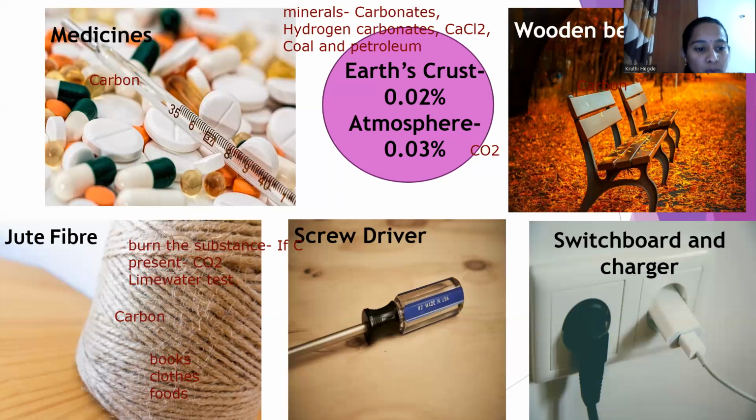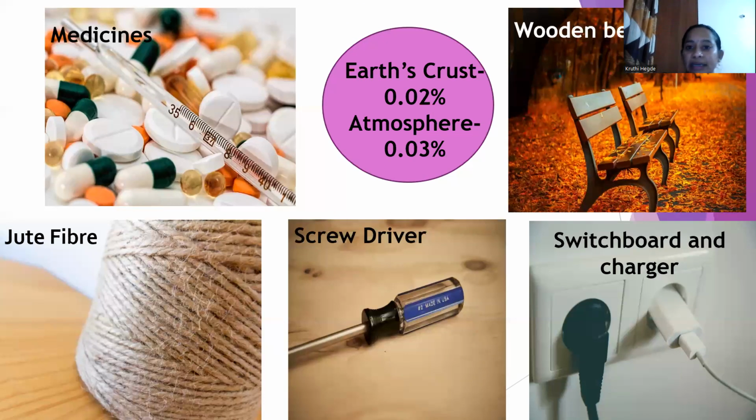Okay, so let me move ahead. This is the importance of carbon in our daily life. Carbon is present in the food, in the medicines, in the clothes that we use, and in the furniture made of wood that we use, right?